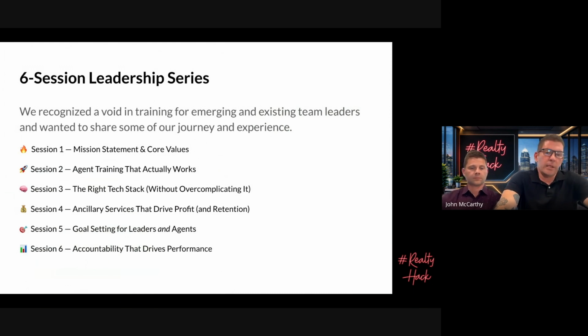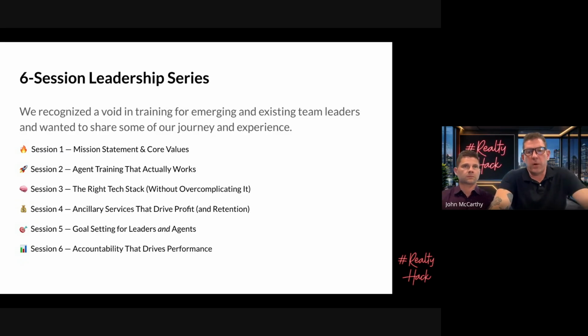Number 4 is ancillary services that drive profit and retention. Obviously, ancillary services are collecting money from other parts of the deal, like insurance, title and mortgage. Number 5 is goal setting for leaders and agents. This is very important. We do a quarterly meeting where we set up quarterly goals, and then we do a 1-year goal and a 3-year goal.